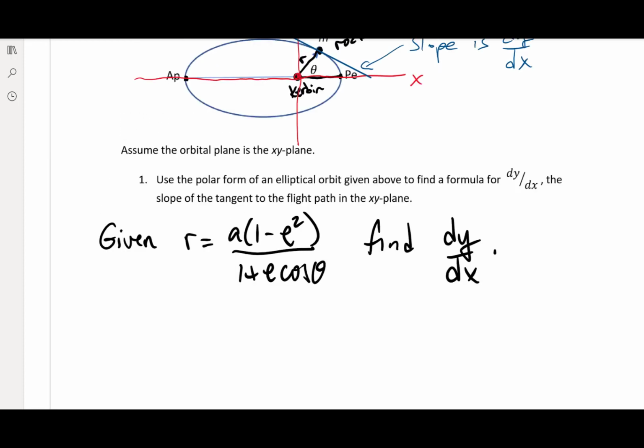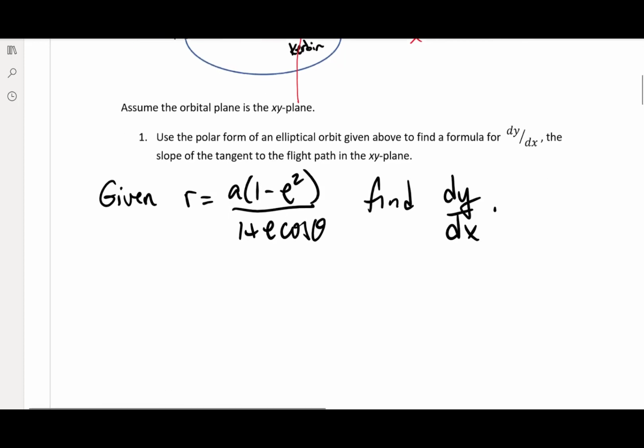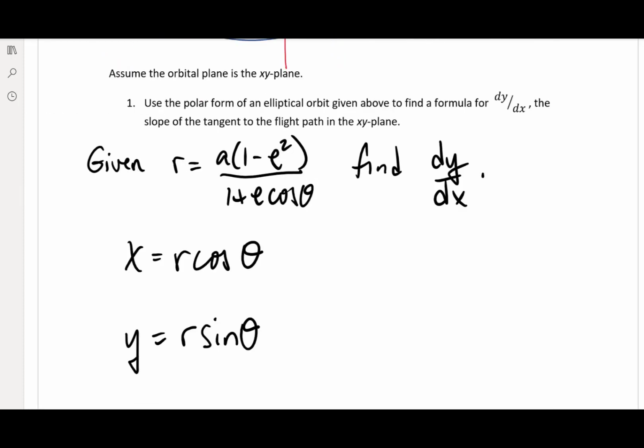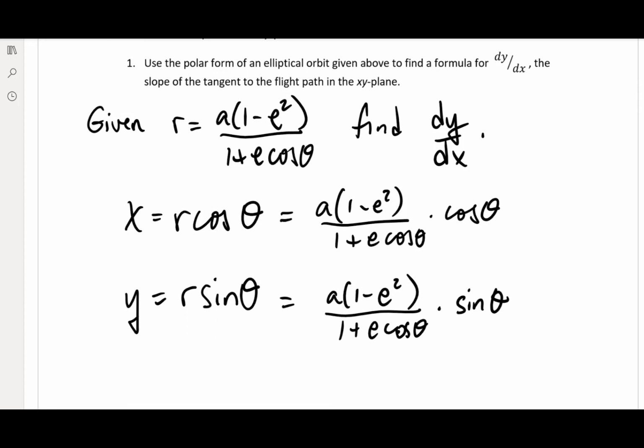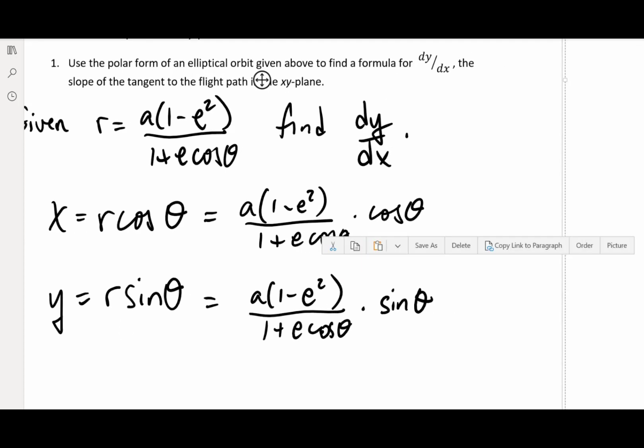What we'll do is convert the polar form into rectangular coordinates. So those are our conversion formulas from polar to rectangular, but in this example, r is not a constant. Of course, it's given by this polar function. So let's substitute r into each of these conversion formulas.